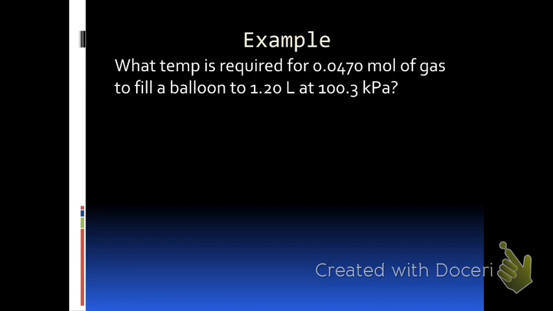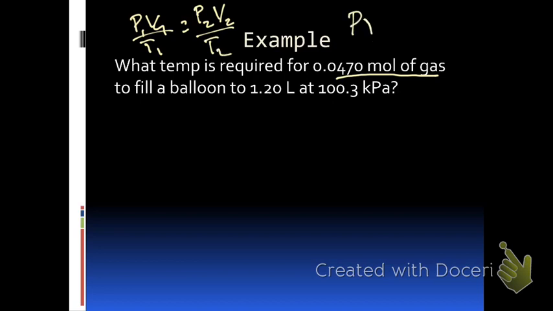And one key factor is if I see moles, right? If I'm deciding between the combined gas law versus the ideal gas law, one of the biggest differences is you have an n, which stands for moles. So I know, okay, I'm going to use PV equals nRT.